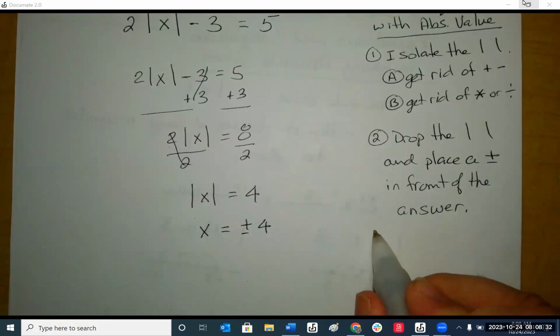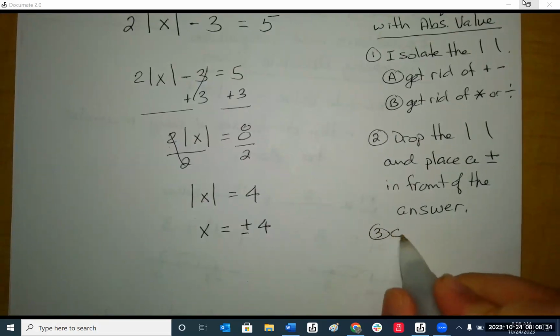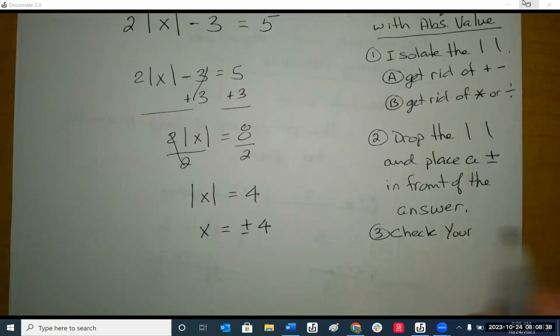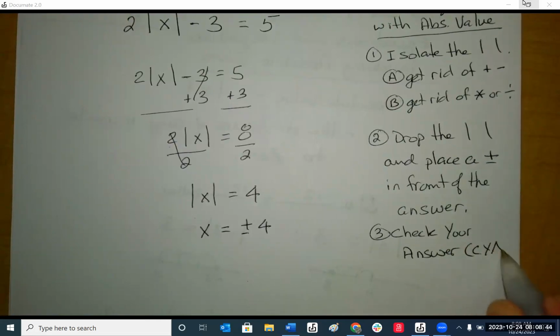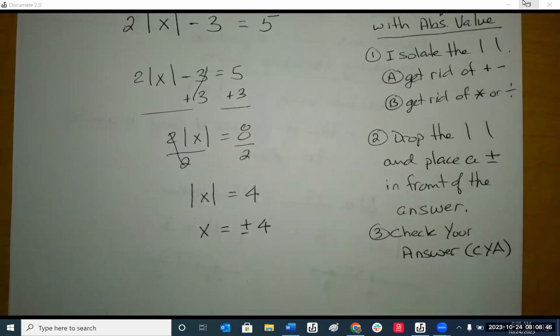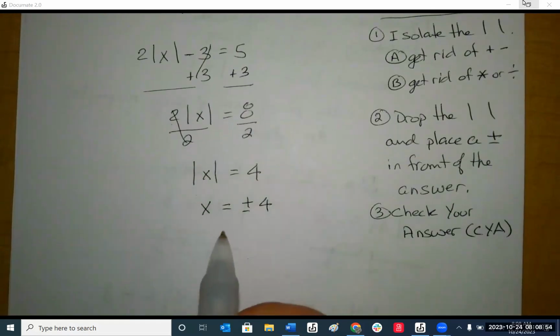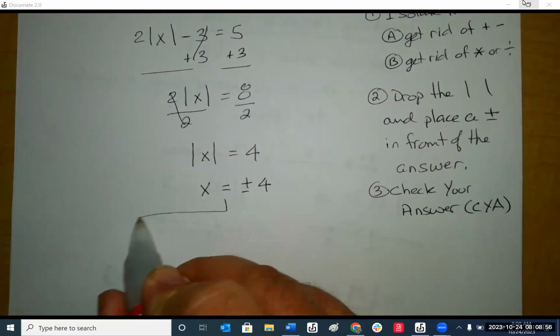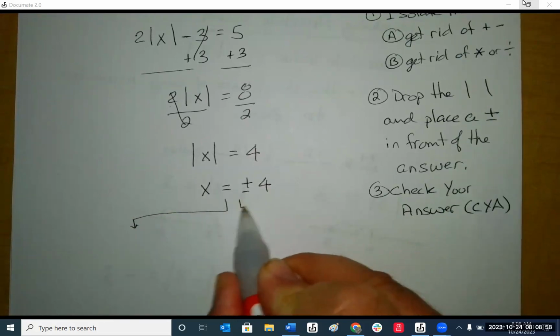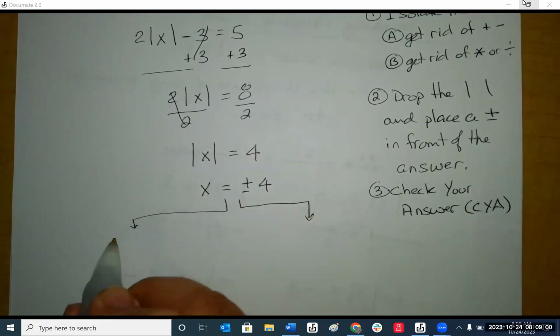And step 3 is always check your answer. CYA. Because what this means is x has 2 solutions.